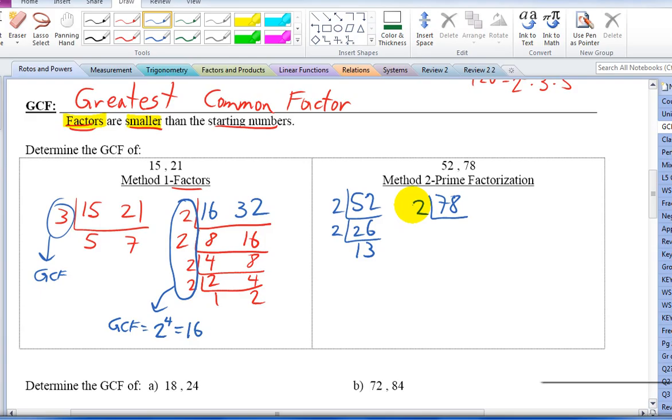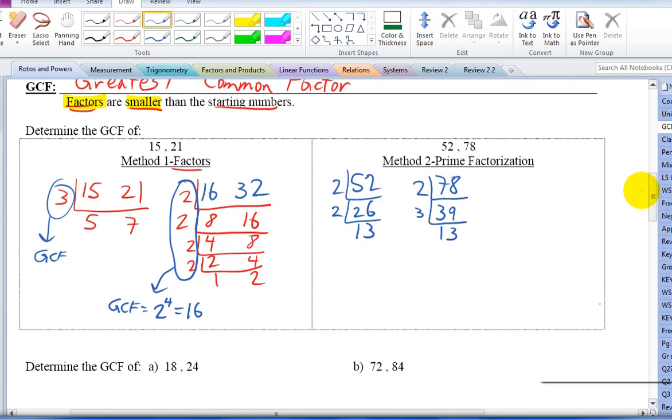So divide by 2, we get 39. Divide by 3. Right? 9 plus 3 is 12, so you can divide by 3, because 12 is divisible by 3. You get 13. Okay.